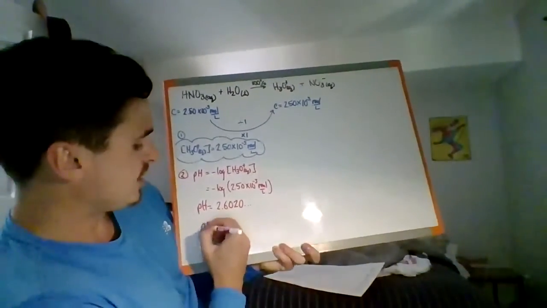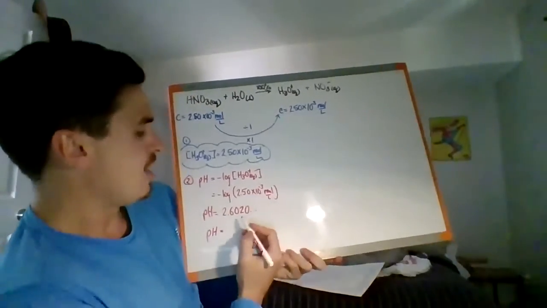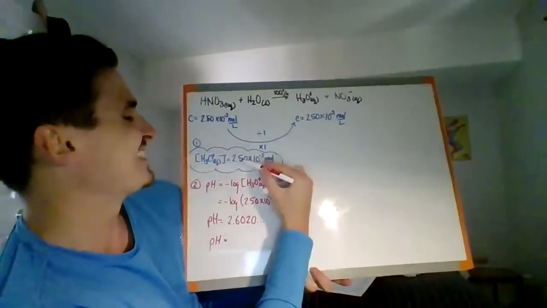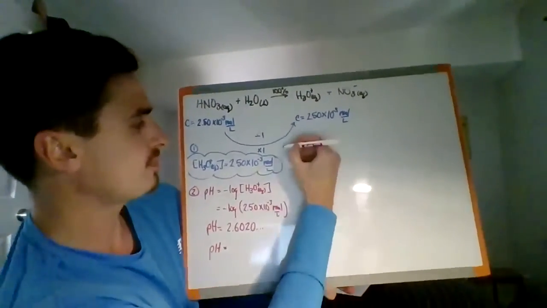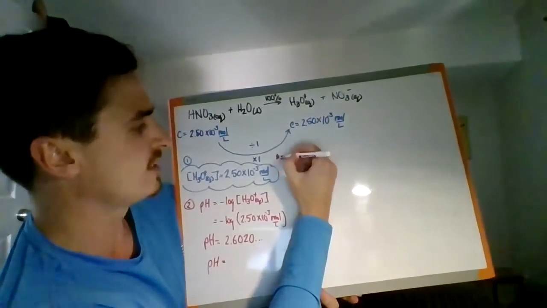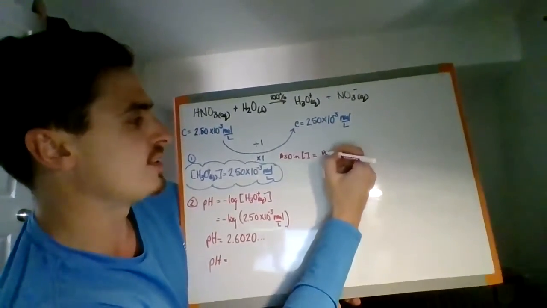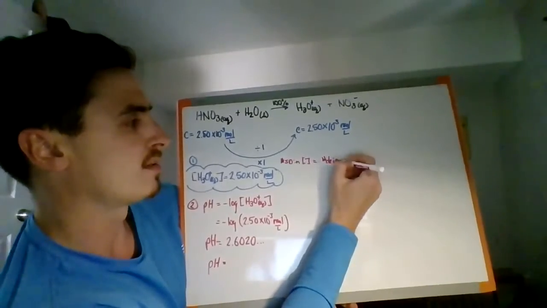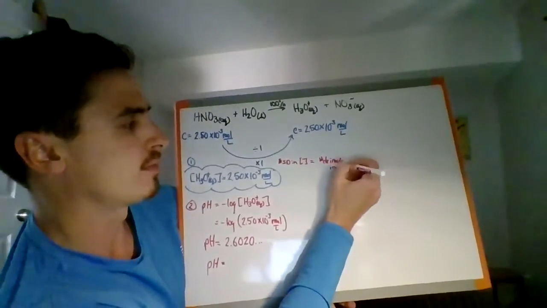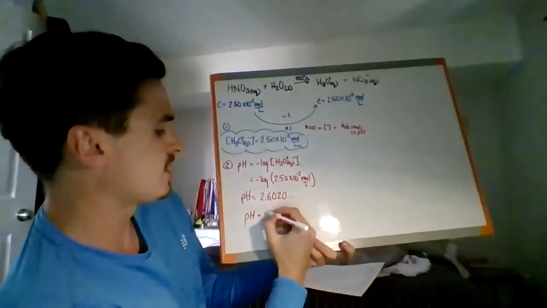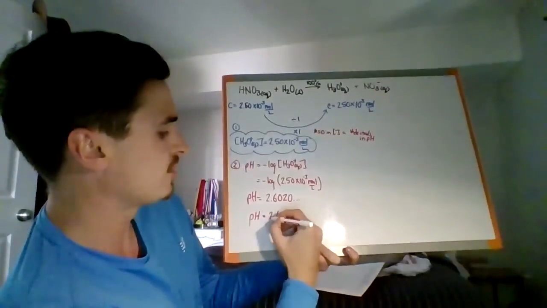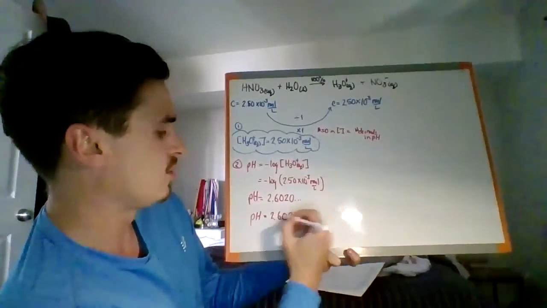However, pH has weird sig digs. The number of sig digs in the concentration is equal to the number of decimals in the pH. So there's 3 sig digs, 3 decimals in pH, 2.602.